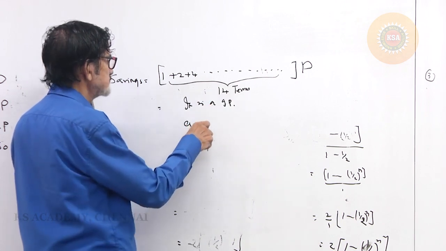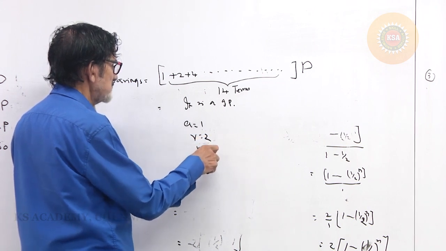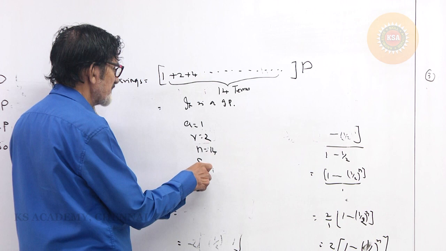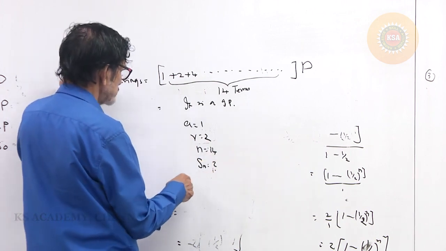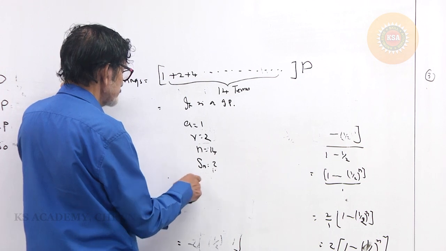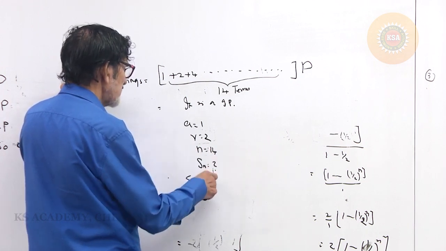A is equal to 1, R is equal to 2, N is equal to 14, S is the sum. R value more than 1.